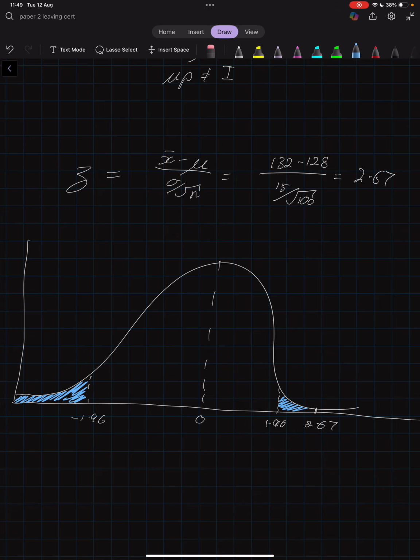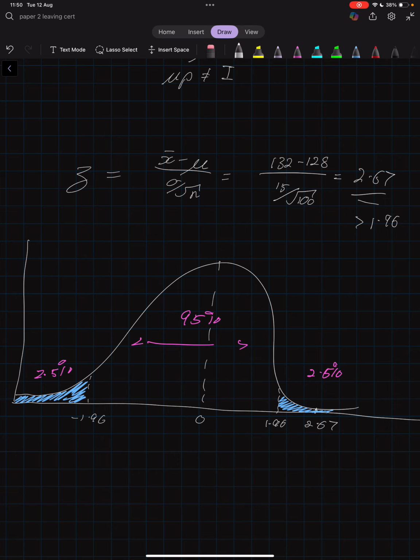Anything within 95% would be an insignificant result. Anything outside of the 95%. So remember, this gives you 95% in here, 2.5% here, and 2.5% here. So this is a very significant result because it's greater than 1.96.